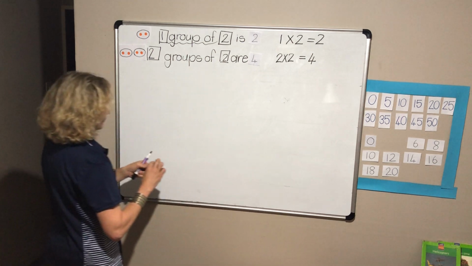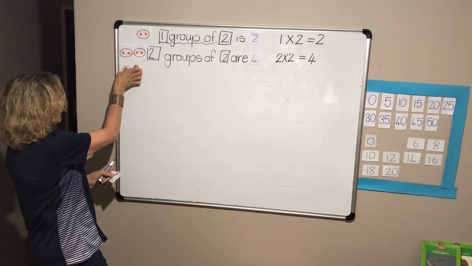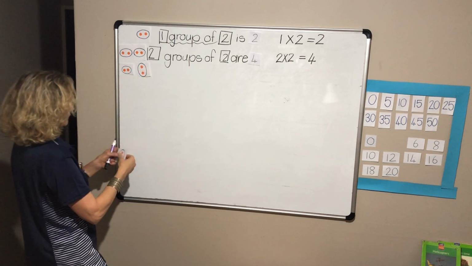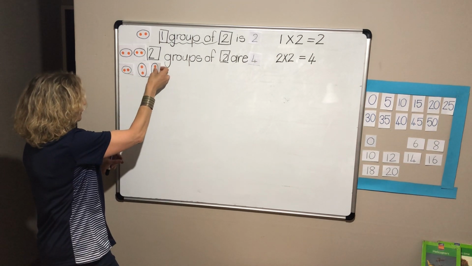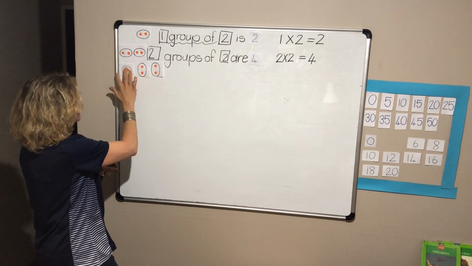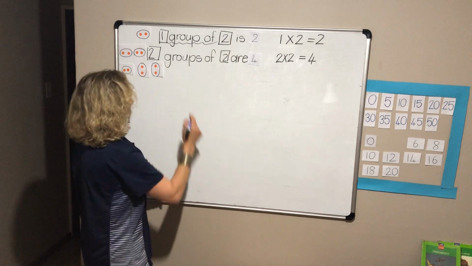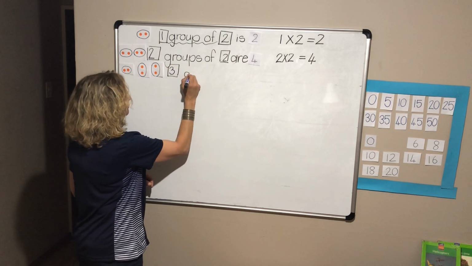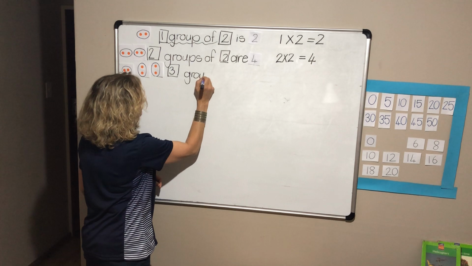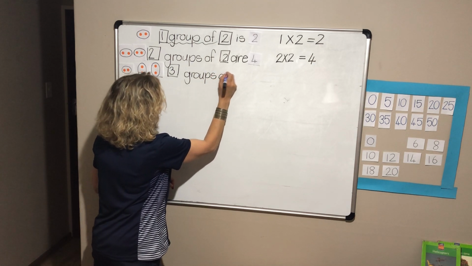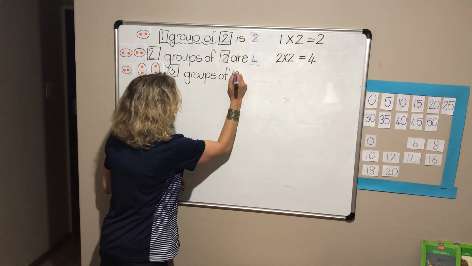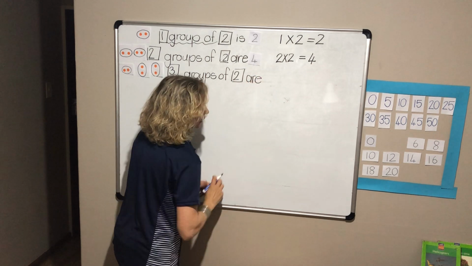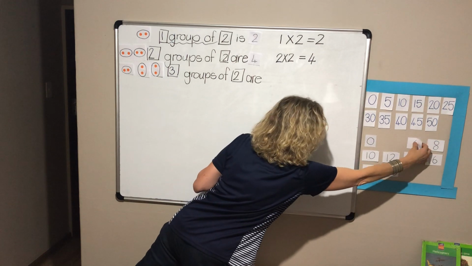Let's look here. 1, 2, 3. How many groups of 2 do you see here? 3. So we say 3 groups of 2 are, and let's go and fetch the answer there.